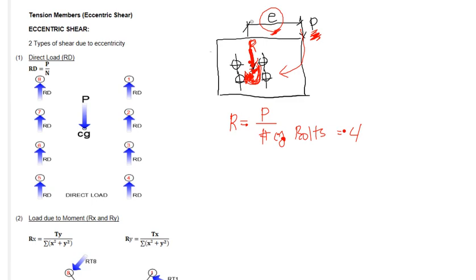So, magkakaiba yung ating stress sa ating bolt. So, the farthest or the outermost bolt, yun yung pinaka-critical na nagka-carry ng pinakamataas na stress. So, yung torsional moment natin dito, let's say this is M, yung M natin is equal to P times E, yung P multiply the distance E or the eccentricity.